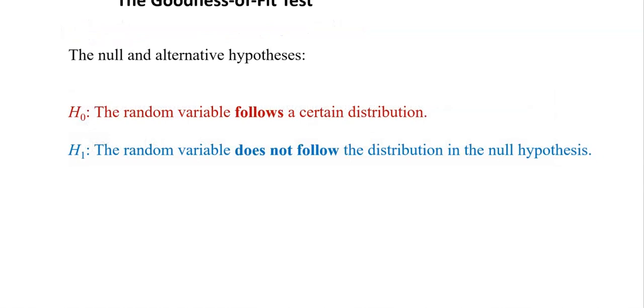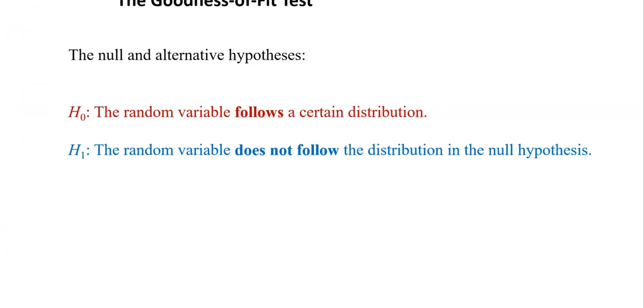As in all hypothesis testing procedures, we start with defining the hypothesis. The null hypothesis is a statement of indifference. It includes a statement like this: the random variable follows a certain distribution. And the alternative hypothesis, on the other hand, follows the opposite statement.